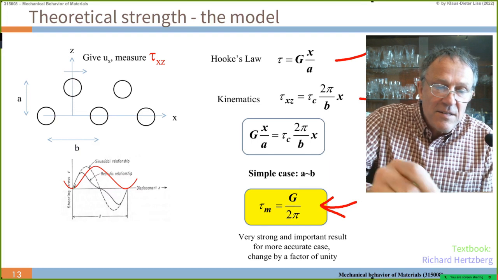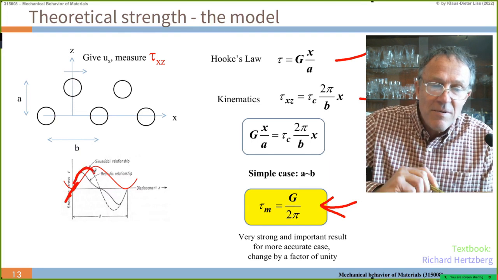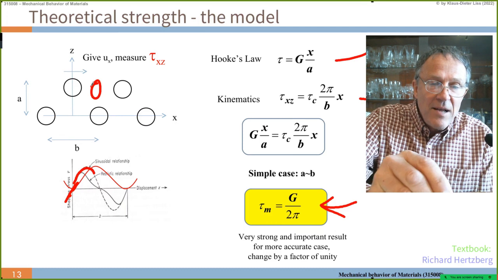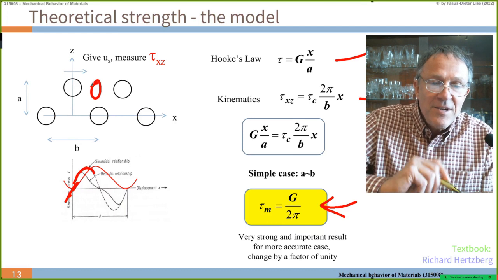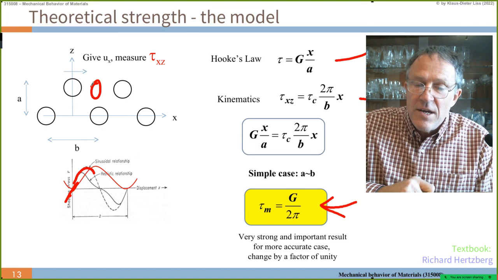This is when you get out of the minimum, because here the shear stress, once you reach the top, one atom on top of the other, then the shear stress goes down. So the tau maximum equals G over 2 pi.